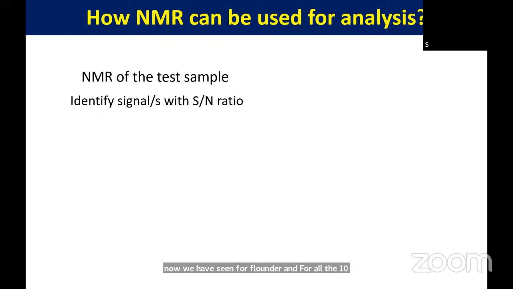Signal to noise ratio is calculated, meaning how pronounced, how strong the signal is in the sample. For example, if we have a methoxy signal, OCH3 signal, which does not have any capacity to undergo any physicochemical change, that will have more signal to noise ratio.